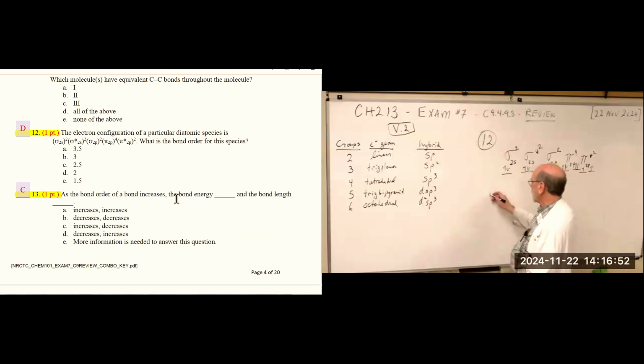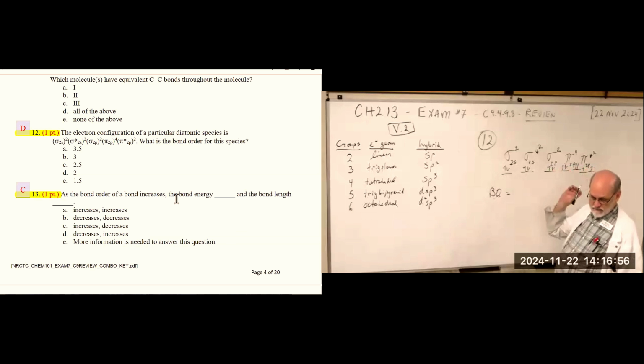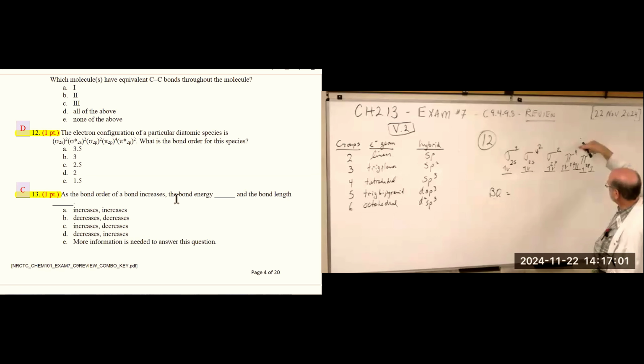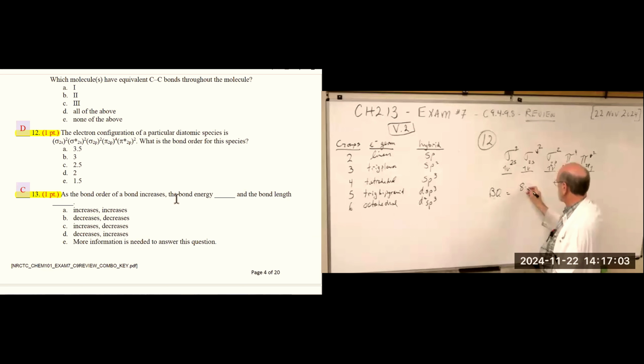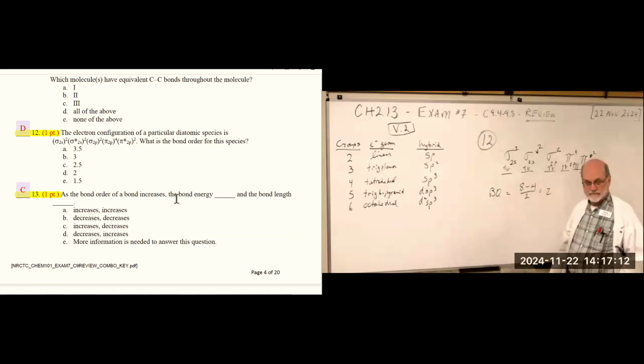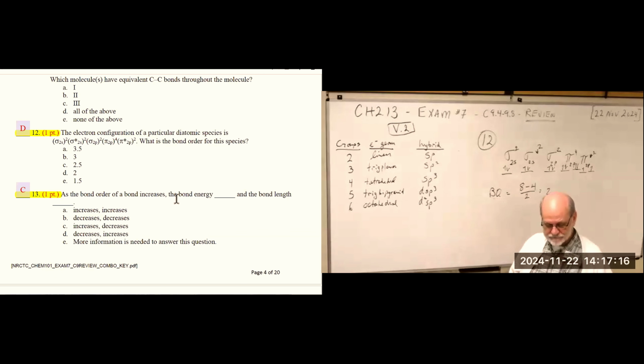Okay, the bond order. We take the bonding electrons, 2, 4, 8, and subtract the anti-bondings. 2 and 2 is 4, divided by 2. So that's equal to 2. Right? D would be the answer.